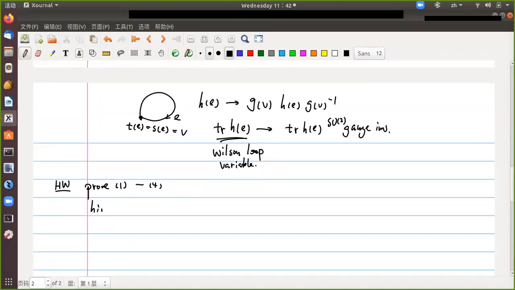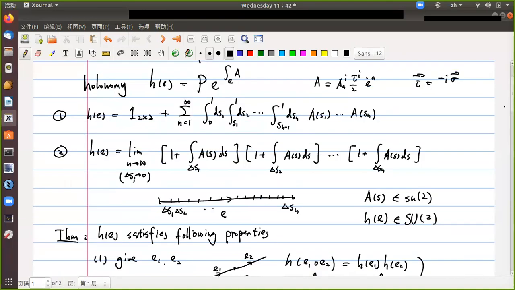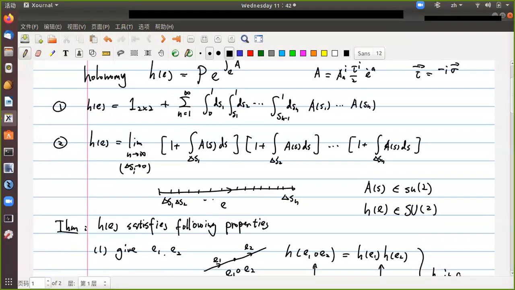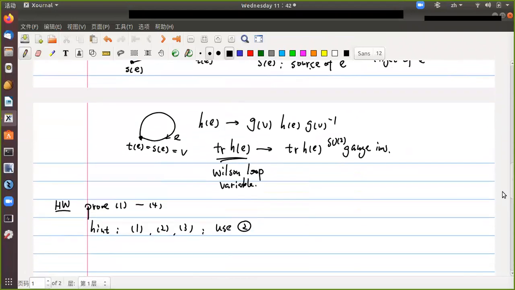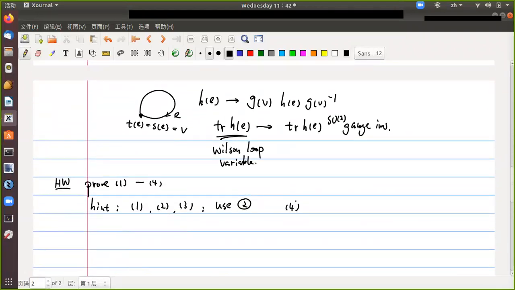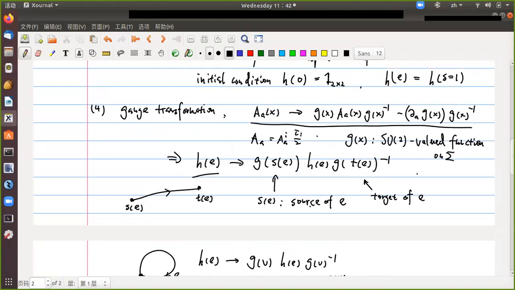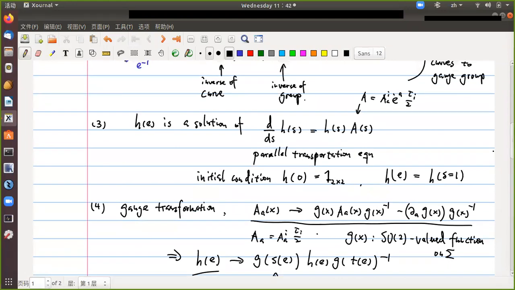To simplify your work, I give you some hints. If you prove properties 1, 2, and 3, you should use the second formula for the holonomy. This is much more convenient for proving properties 1, 2, and 3. If you want to prove the last property, 4, it is very convenient to use property 3.